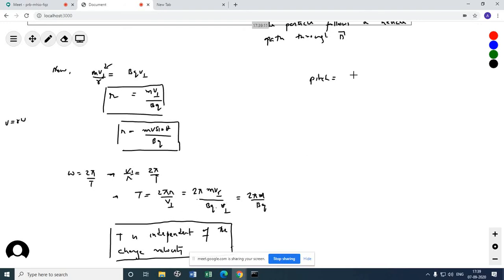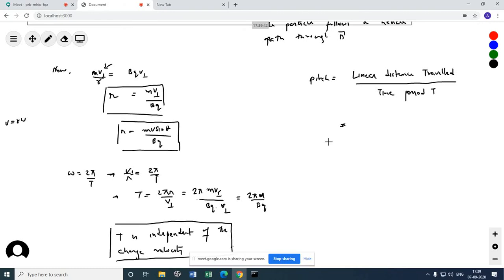So pitch would be the linear distance traveled in time period T. Right or not? So this is called the pitch.